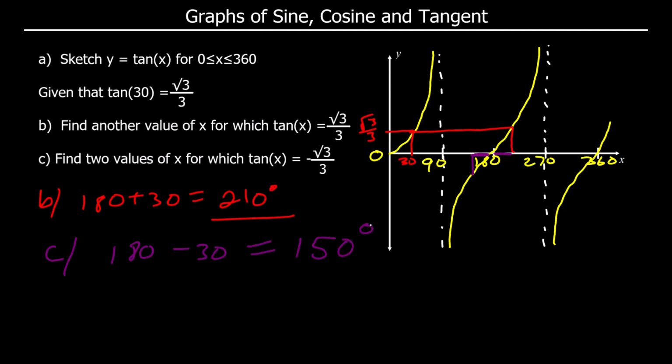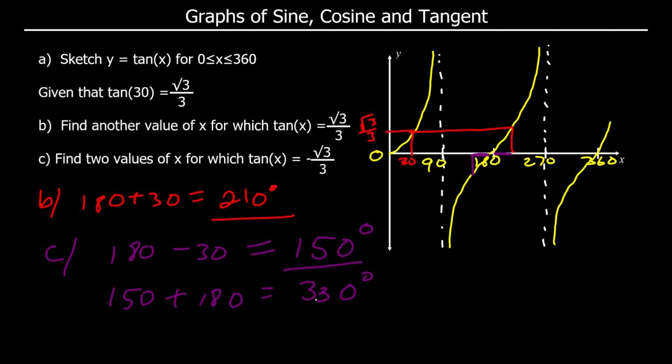And then that repeats every 180. So I can do 180 more than that. 150 plus 180 is 330 degrees. And I can do 180 less, I could do negative 30, or 180 more than this one, which would be 510.